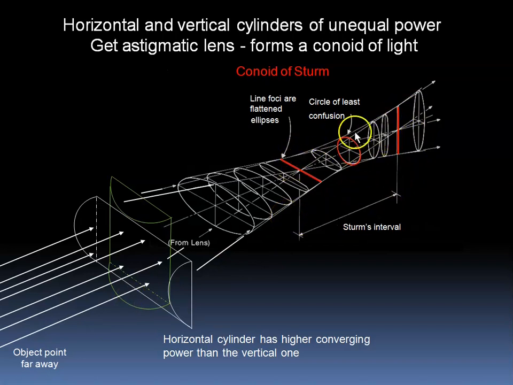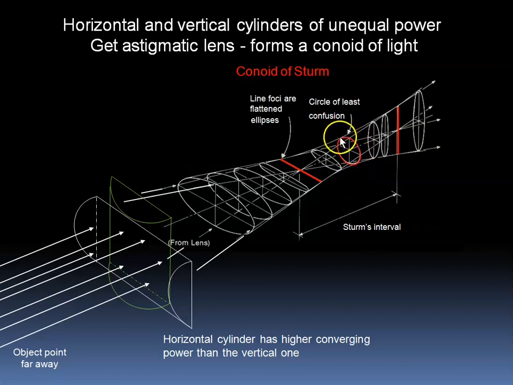Somewhere in between these two, we have a cross-sectional shape of this whole blob of light, which is a circle. It turns out that this is the best place to put an image plane, such as the retina, in order to see it clearly.